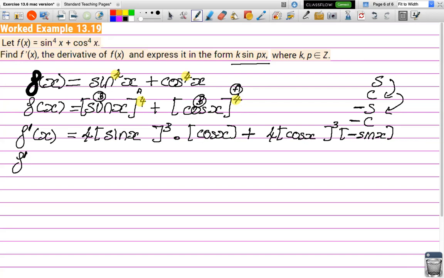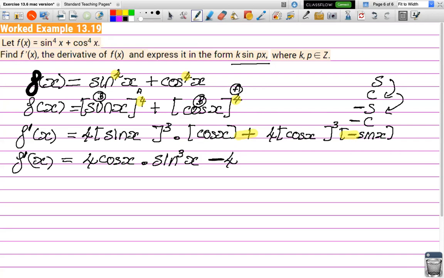Now we're just going to tidy it up. f'(x) is equal to 4 cos x times sine, we're allowed to write the 3 back in there again, x plus, a plus on a minus is of course a minus.